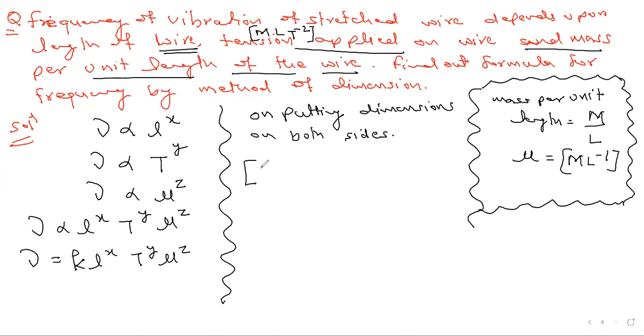Frequency is T minus 1, length is L, tension T is M L T minus 2, and mu, mass per unit length, is M L minus 1.